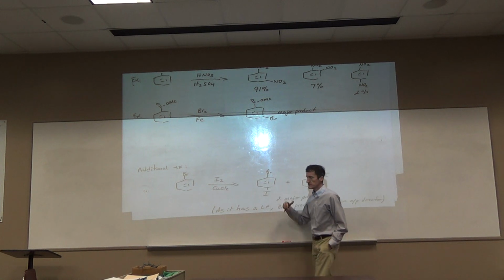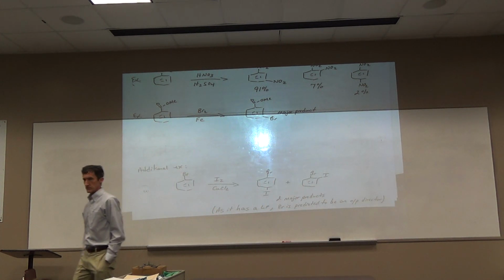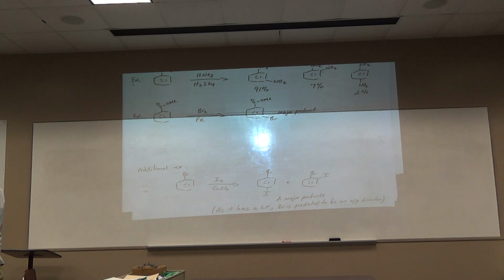Why might the para be preferred rather than the ortho? It has nothing to do with really the electronics of the group. It has to do more with stability? How much more stable it would be if it were para instead of ortho? Well, really, the reaction depends on the transition state energy. So that's really what we want to look at. It doesn't matter what the end result is.